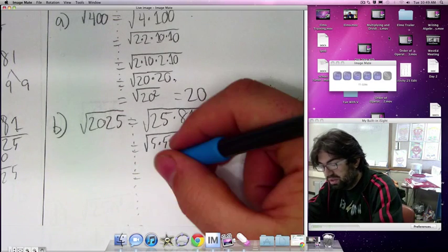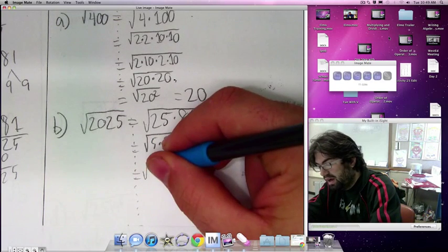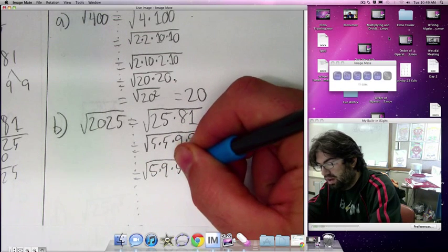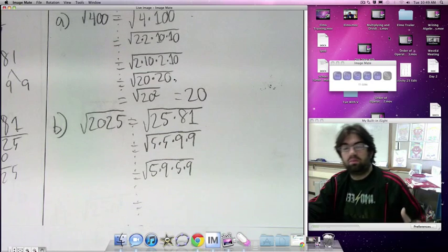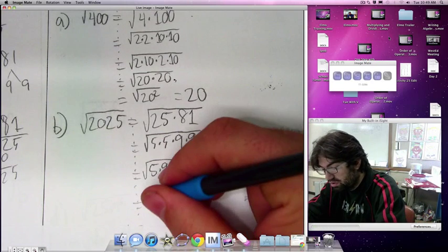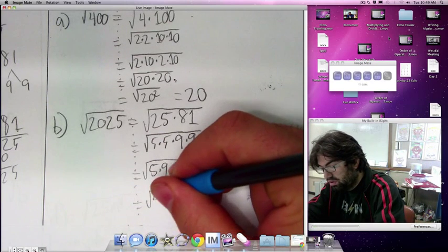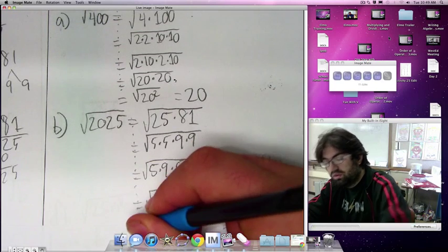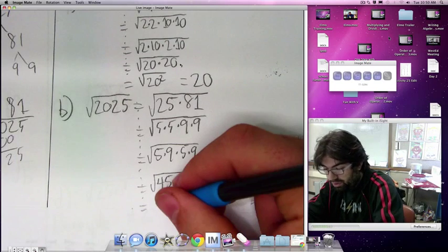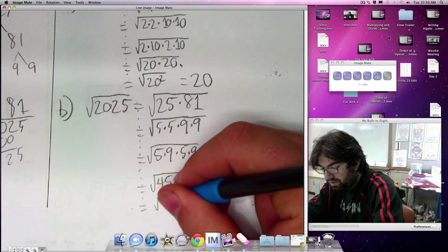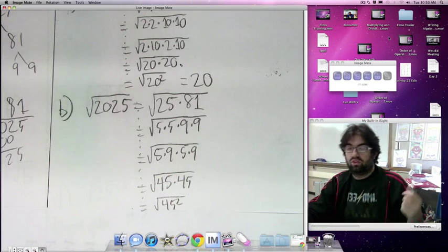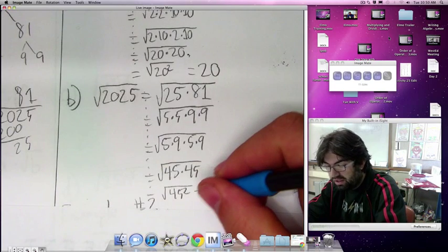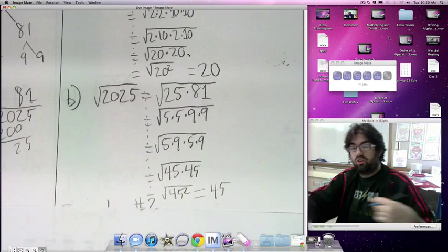Commutative property of multiplication, I'm going to rearrange it to 5 times 9 times 5 times 9. 5 times 9 is 45, times 45. I'm going to have the square root of 45 squared. And at that point, I know I'm out of space, but it's equal to 45 because the square and the square root cancel.